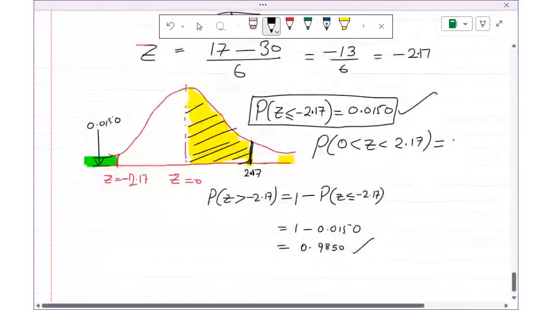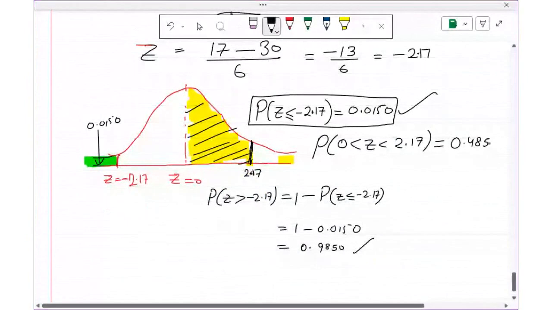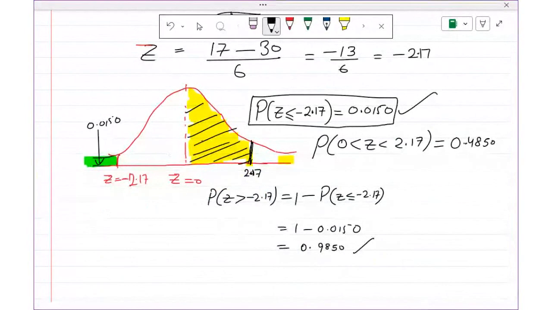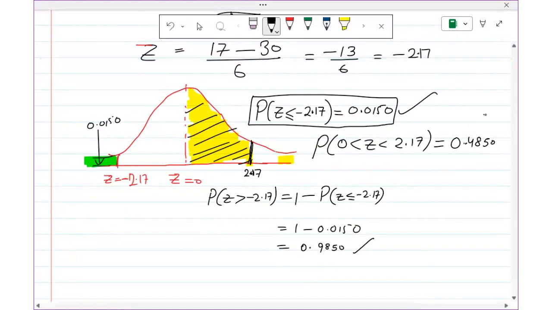So this will be 0.4850. Okay, this yellow color shaded region, this much is given. Now we have to find all the area which is on the right side of minus 2.17. So how can we do it?